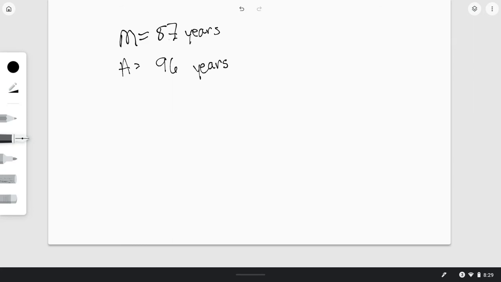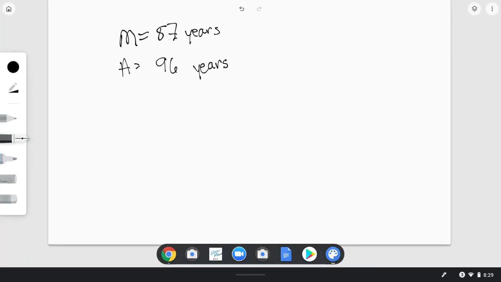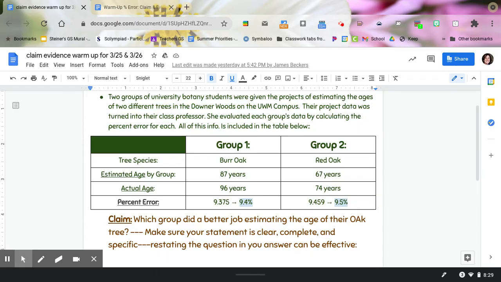Okay, so that's the information that I have about this tree. I'm being careful to label all of my numbers because we never want naked numbers running around.